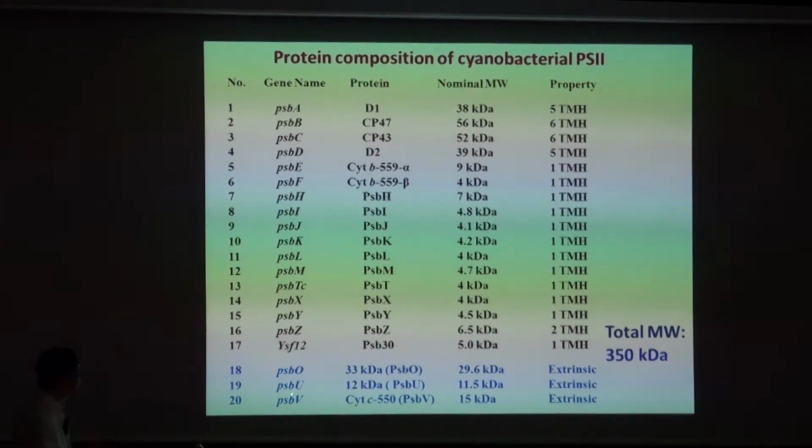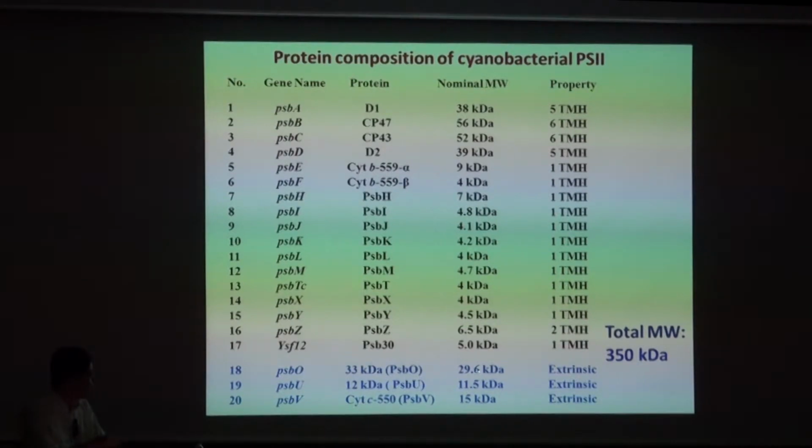And this is the protein composition of PS2. As you can see, there are 20 subunits in this complex, among which 17 subunits are transmembrane subunits. These are the numbers of transmembrane helices: 5 transmembrane helices, and 6, 5, and the others have 1 or 2 transmembrane helices.